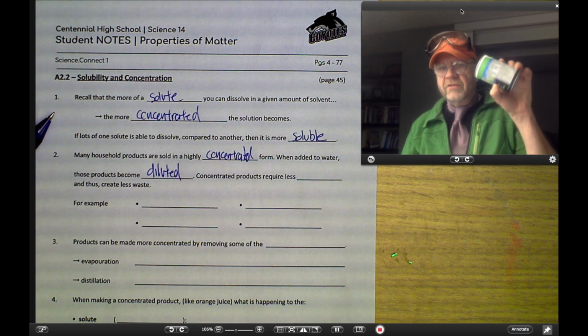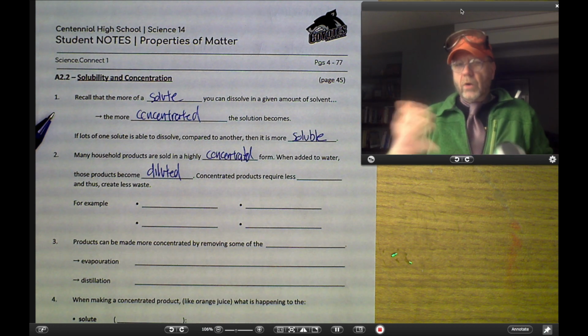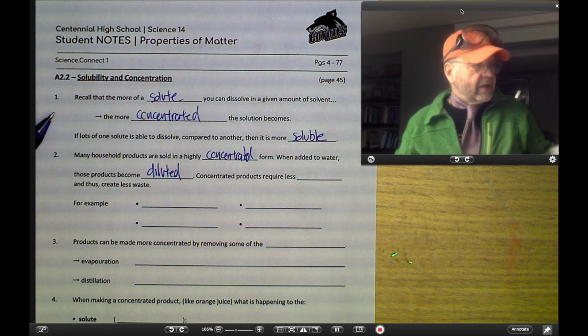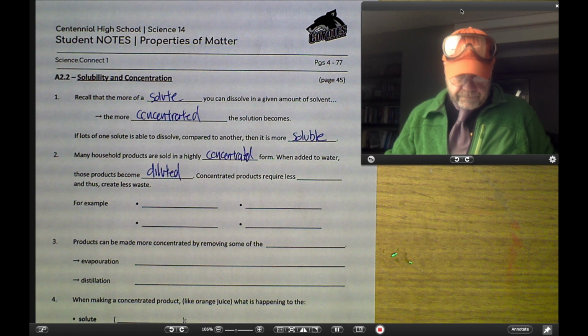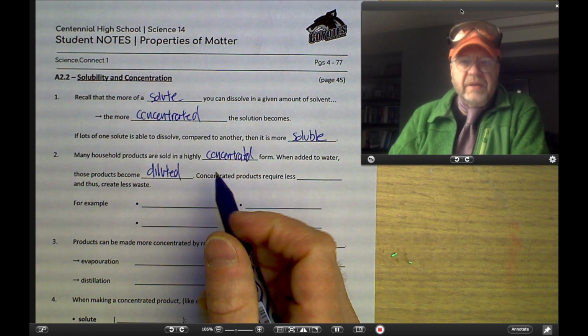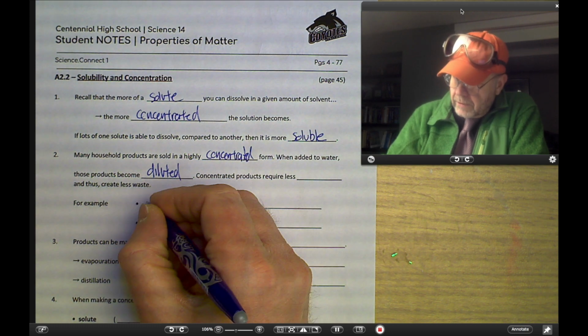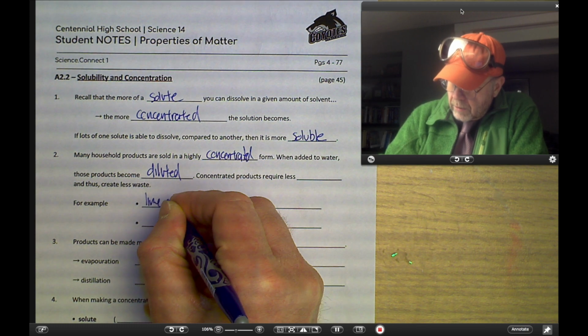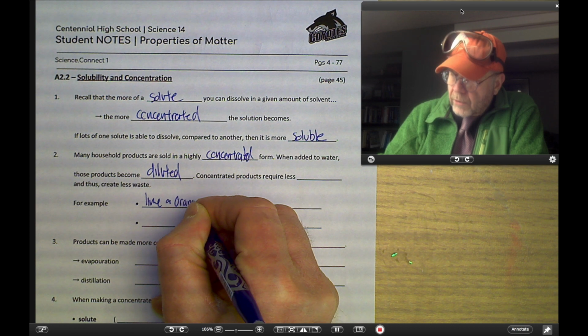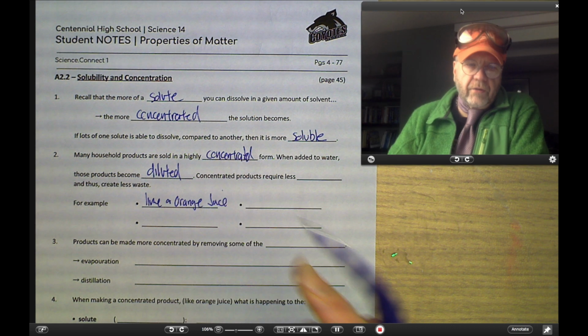You'd never want to drink this, way too sweet. So when you add water to something sweet, you dilute the sweetness. There are some examples in everyday life where you dilute stuff. Lime or orange juice is the one I've just brought up.